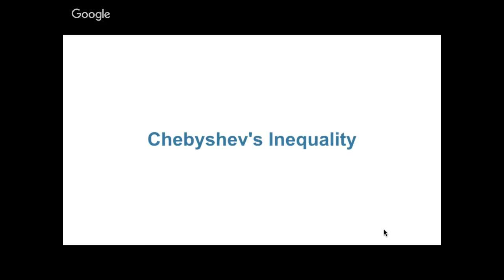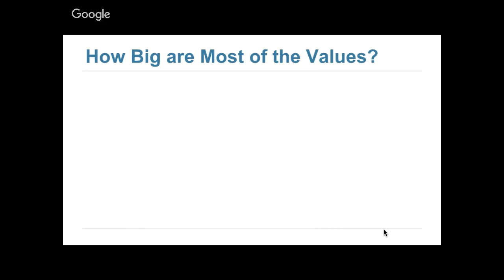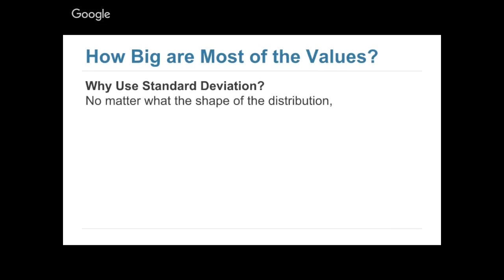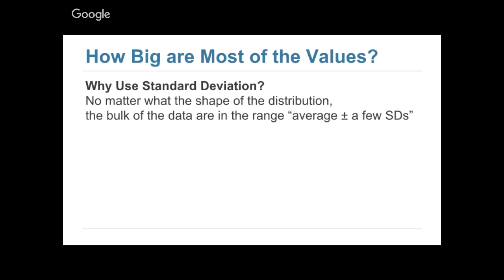What Chebyshev's inequality allows us to say is that no matter what my distribution looks like, whether it's flat, bell-shaped, like a U, or some other thing, no matter what the shape of my distribution is, most of my data are going to be in the range of the average plus or minus a few standard deviations.